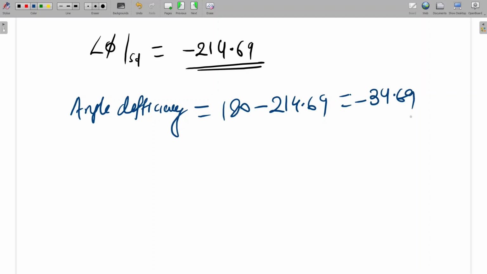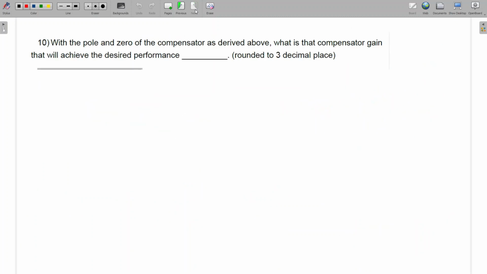Is it correct? This will be the angle deficiency. Is it clear up to now? Yes, sir. So this question is completed. Now coming to the next question.